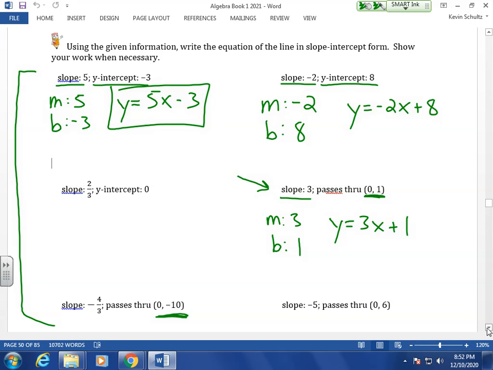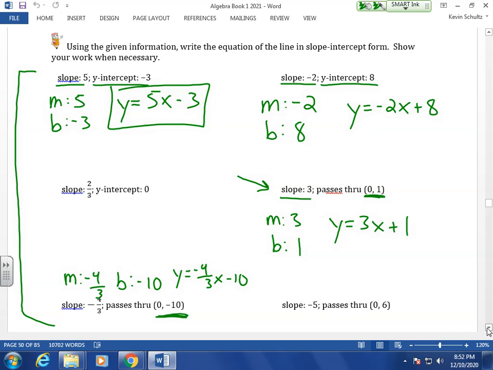So for this one, slope, very direct, -4/3. Our y-intercept, our value for b, -10. And so our equation, y equals -4/3 x minus 10.